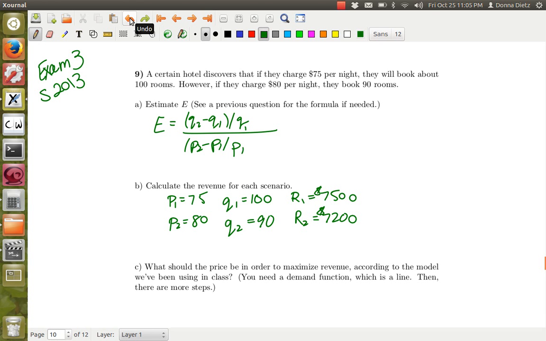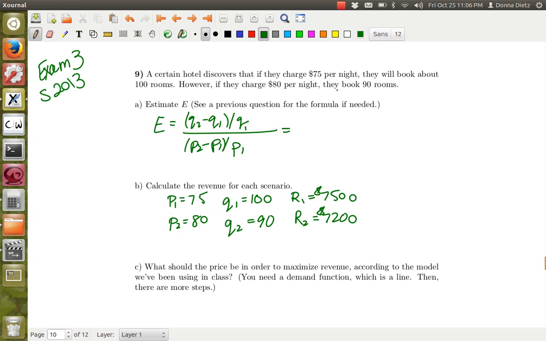So we really don't know which one happened first. We just know that if they charge one thing, they sell a certain number of rooms. If they charge another thing, they sell a different number of rooms. So the time is kind of implied, but not necessarily. So I will be lenient on that.